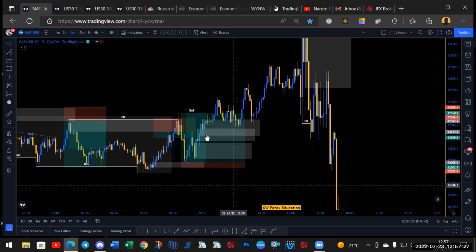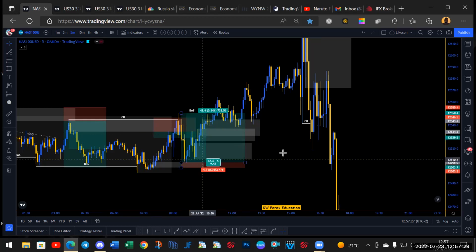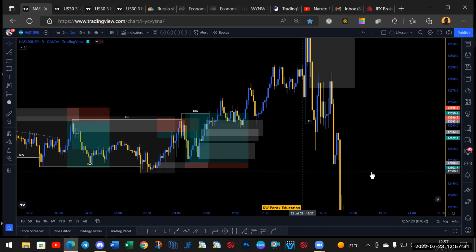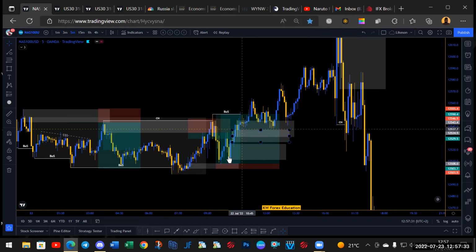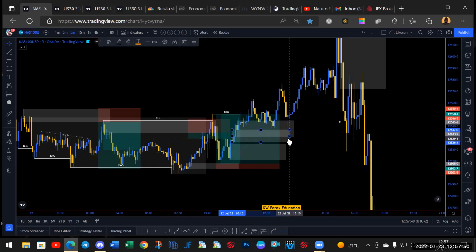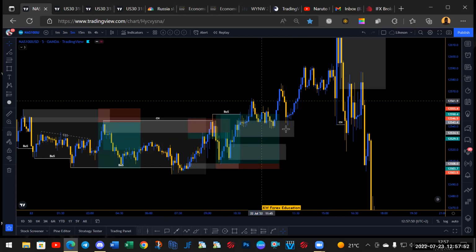So for me, when I see something like this, I don't like adding trades in areas where they have multiple order blocks. All these are valid order blocks. Now, I'd only want to add trades to the extreme one here, not that one there, not that one here, right? I would want it to go to the extreme one.